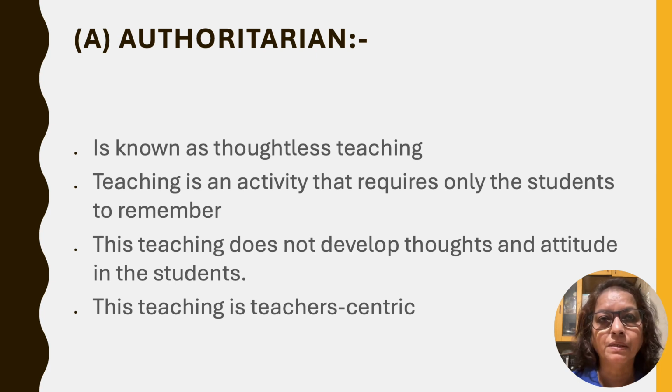Thoughtless teaching means a given syllabus is delivered to the students and this activity requires students to only remember what is taught. This teaching does not develop thoughts and attitudes in the students. So, we can essentially say that this teaching is teacher-centric.